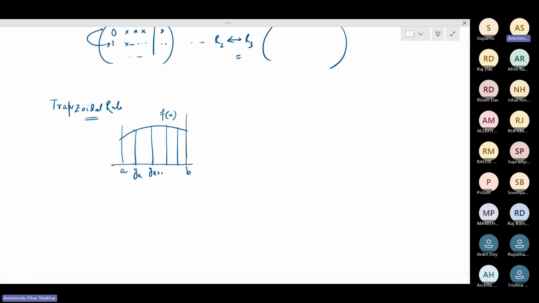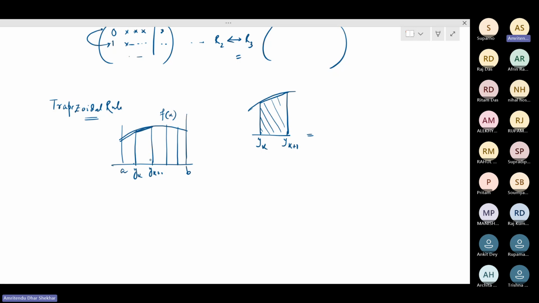Then you estimate the area as a sum of the areas of the trapezoids. So you consider a trapezoid like this, and you take the area of this trapezoid, where this is yk and this is yk plus 1.